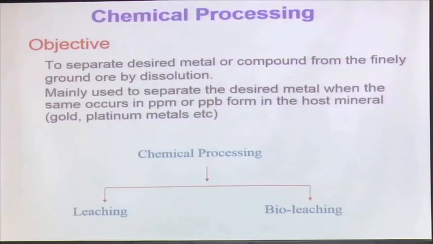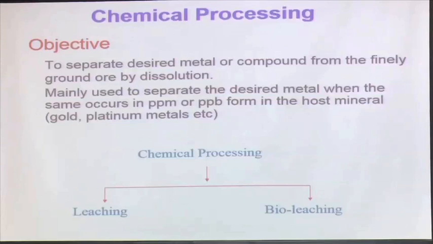So, what is chemical processing? That is basically to separate the desired metal or compound from the finely ground ore by dissolution. Suppose for a mineral we found that to separate it based on the difference in density, you have to grind it to a size below 4 micron. The energy requirement will be huge, and that may not be economically viable.